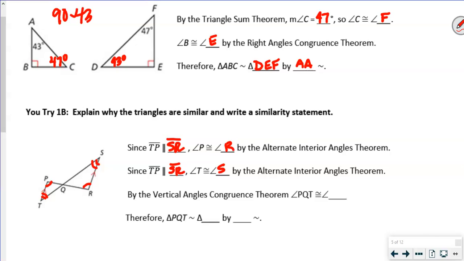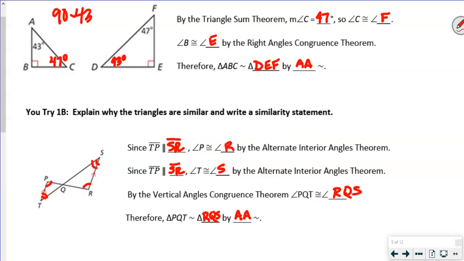By the vertical angles congruence theorem, angle PQT is congruent to angle RQS. Therefore, PQT is similar to RQS, and we already wrote that up there, so we're good by angle-angle.